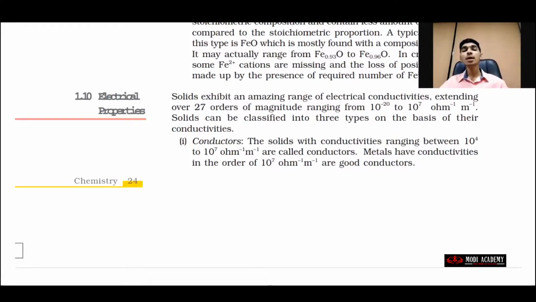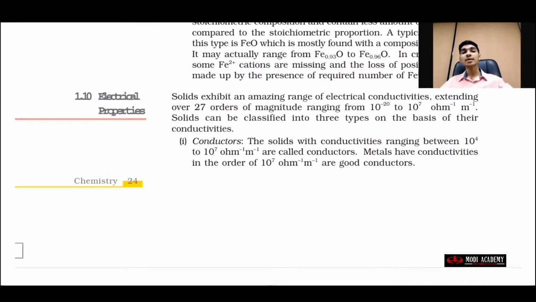Here the conductors, semiconductors, and non-conductors range from 10 raised to minus 20 to 10 raised to 7 per ohm meter. So solids can be classified into three types on the basis of conductivities.